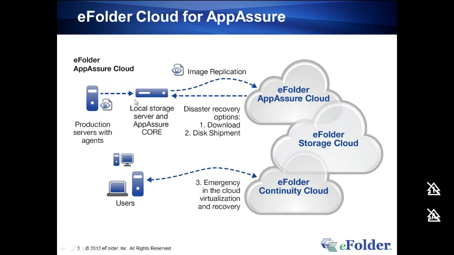And then each partner has 1, 2, 3, 10, 20, 30, however many client organizations that are then replicating back to that one target core, and those source cores are talking back to that one core. So hopefully, Ben, that answers your question. That's how this whole thing works, because we're running this virtualized AppAssure environment with a whole bunch of target cores, at least one for each managed service provider.